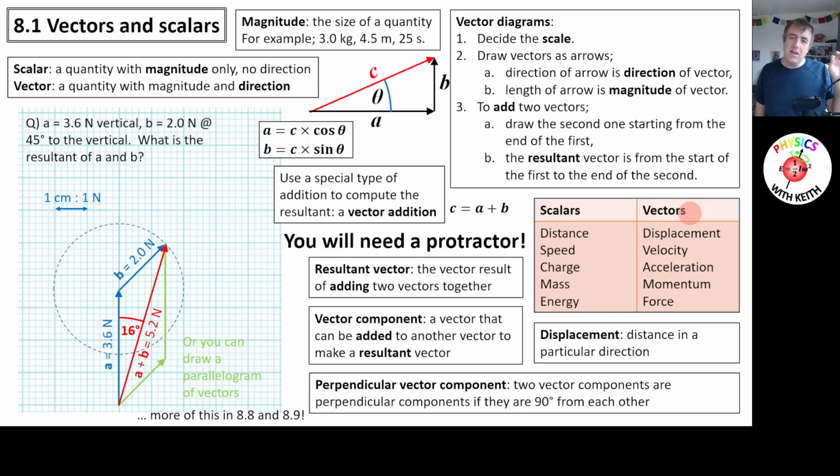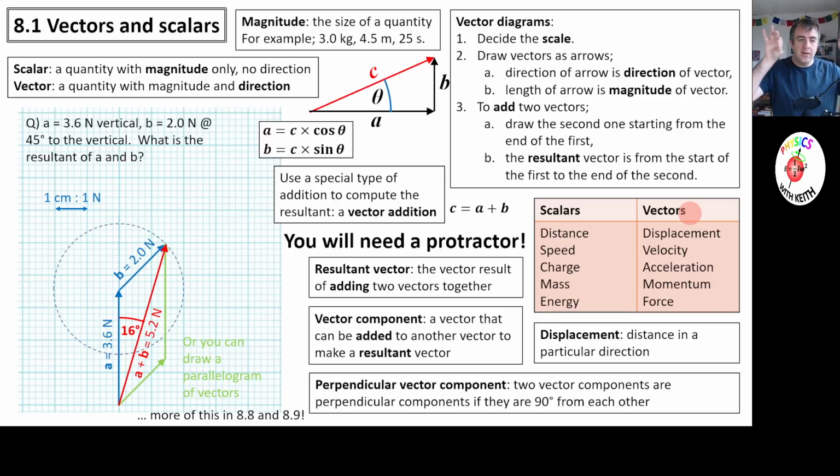There we are, I tripped up. Add a displacement, but in the opposite direction, to the left. And that's how you go backwards on your number line. So you go forwards on your number line with positive numbers, backwards with negative numbers. And that's how you learn to add and subtract in primary school. And that's adding displacements. And if the displacement is negative, you're still adding the negative displacement, which is the same as subtracting the displacement. Okay, so that's what we learned in primary school.